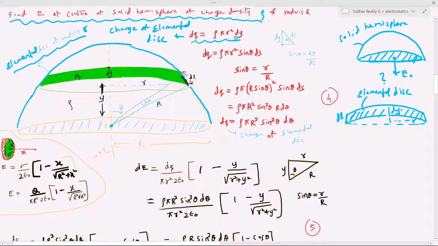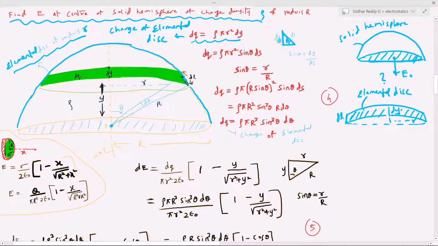Now, what is sine theta? Look at only this particular part. I'm showing it separately. Look at this part, theta.